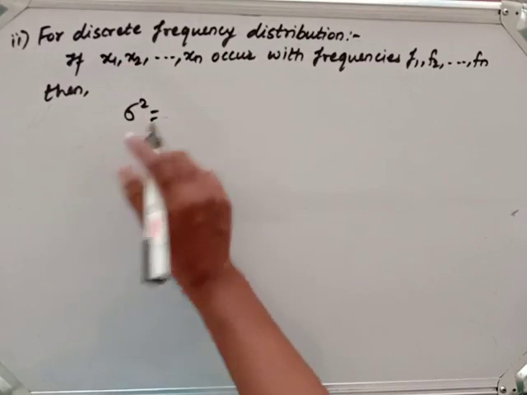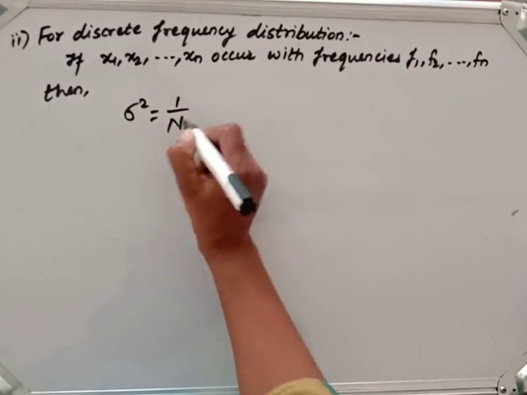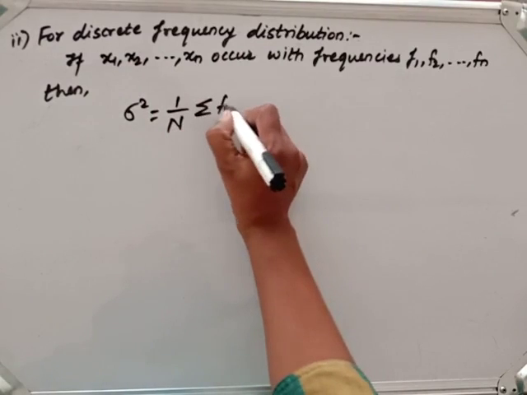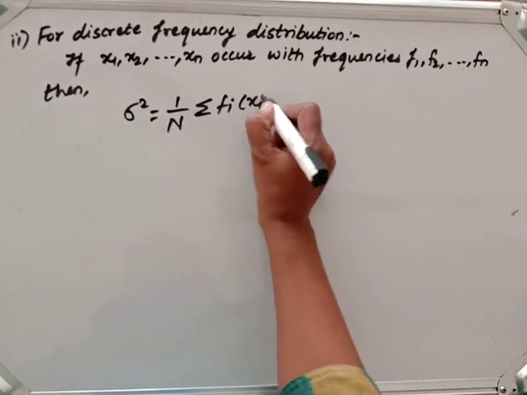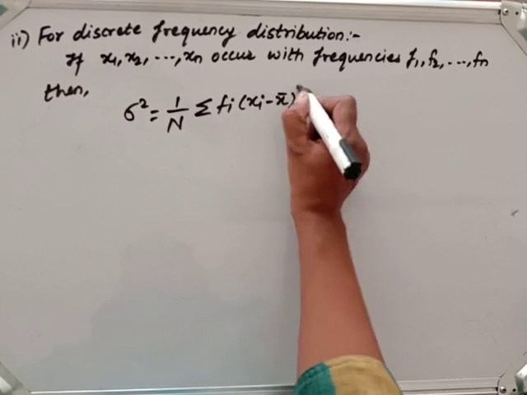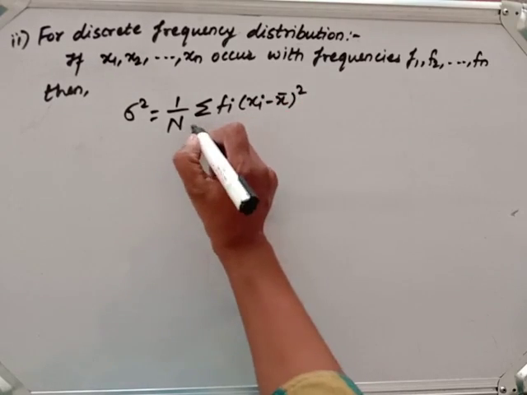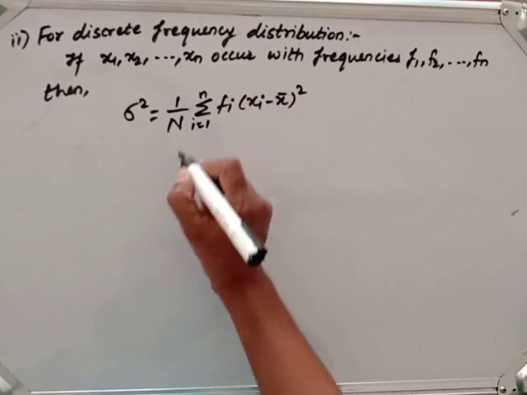So sigma square is 1 upon capital N summation fi xi minus x bar square, where i again varies from 1 to n.